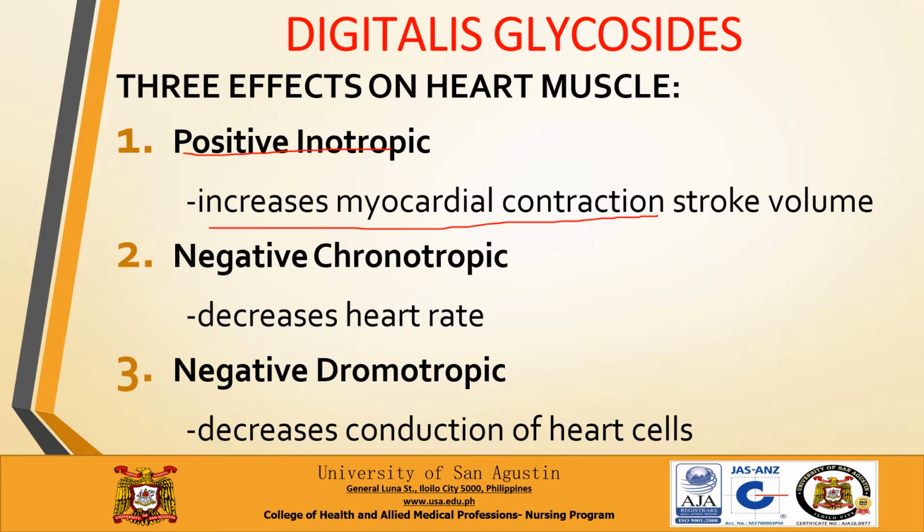A negative chronotropic effect decreases the heart rate. And a negative dromotropic effect decreases conduction of the heart cells. So these are the three effects on your heart muscle.